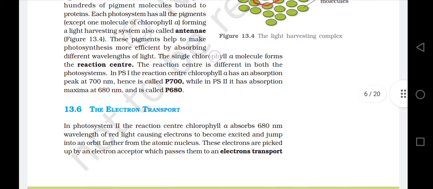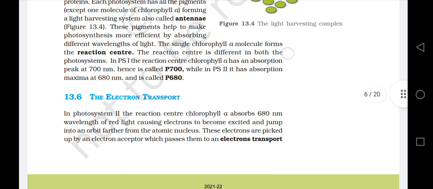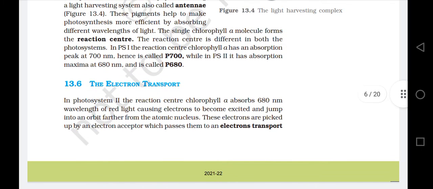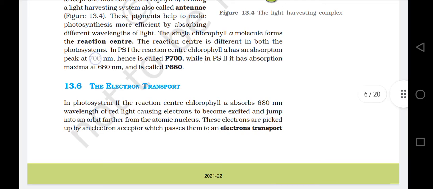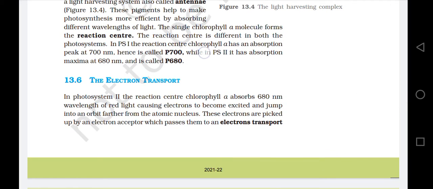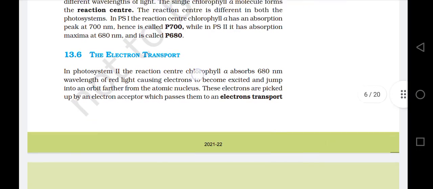The single chlorophyll A molecule forms the reaction center. The reaction center is different in both the photosystems. In PS1, the reaction center chlorophyll A has an absorption peak at 700 nanometers, hence is called P700, while in PS2 it has absorption maxima at 680 nanometers and is called P680.